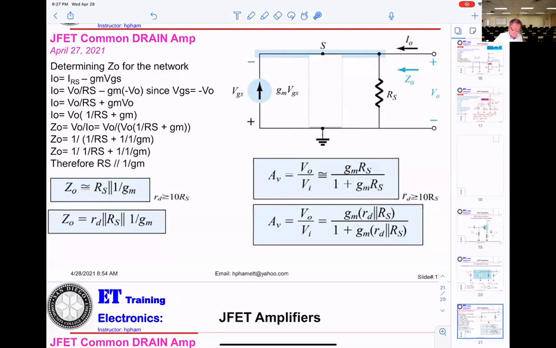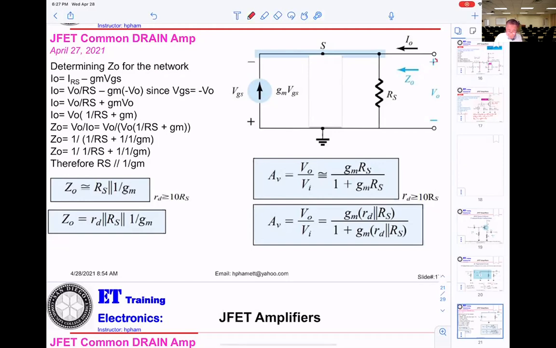And now in here they explain how we determine Zout. First thing they say, Iout equals IRS minus gm VGS. You understand here.